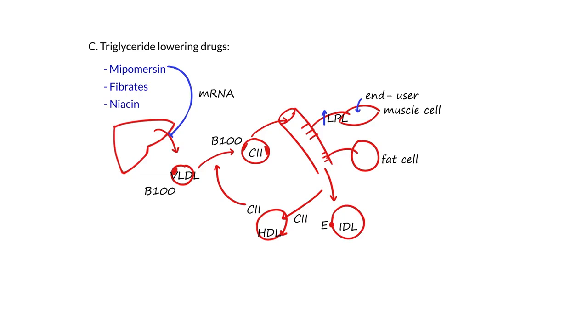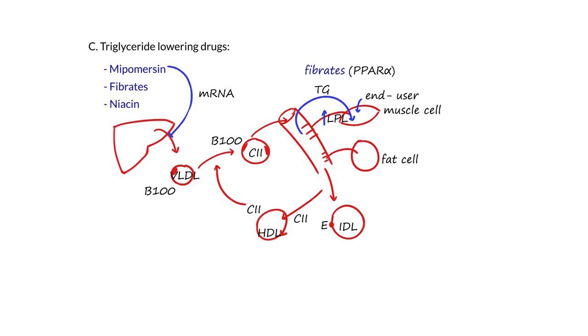So if we can increase the LPL, we can increase the amount of triglycerides going into the muscle cell where it will be burned in exercise, and that will work. So that's going to be the mechanism of action of our fibrates, which are PPAR alpha drugs that act at the level of DNA. So fibrate on muscle lipoprotein lipase.